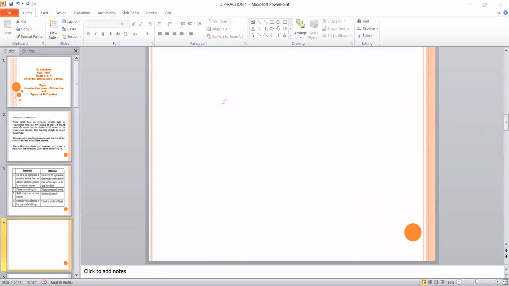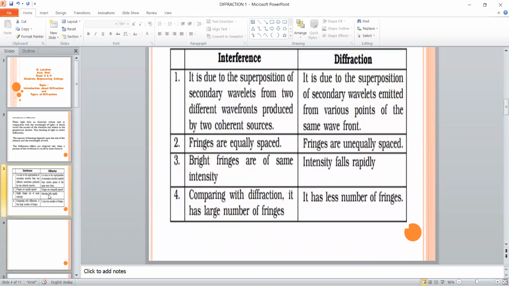Now, the fringes are equally spaced. I showed that there are two cases, maxima and minima, equally spaced. But in the diffraction intensity distribution curve, you observe that the fringes are not equally spaced. I will show that once again.